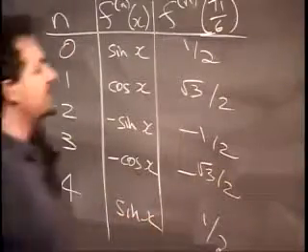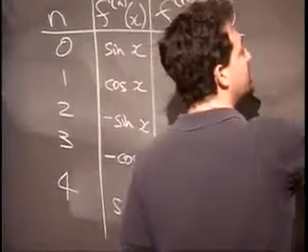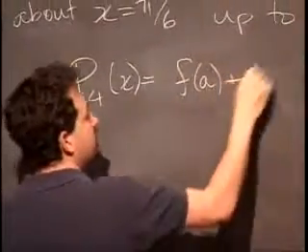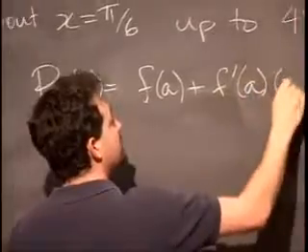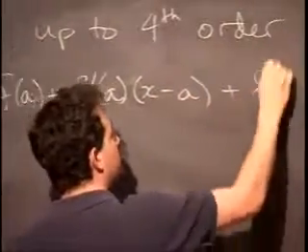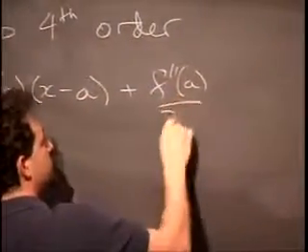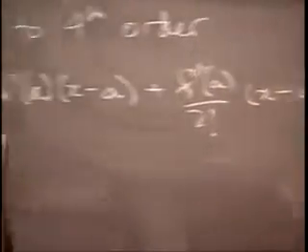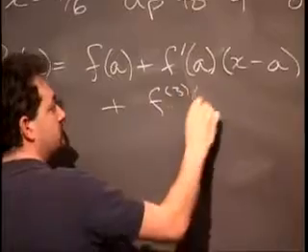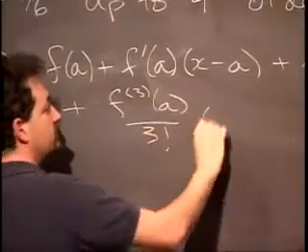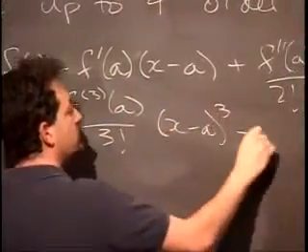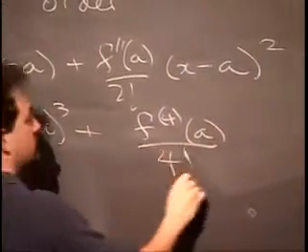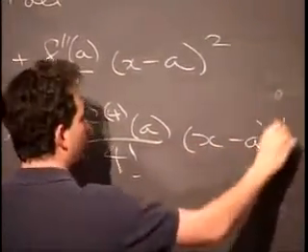So what we're actually asking for is P4 of x in this case. And in general, it looks like f of a plus f prime of a times (x minus a), plus f double prime over 2 factorial, (x minus a) squared, plus the third derivative over 3 factorial, (x minus a) cubed, plus finally the fourth derivative over 4 factorial, (x minus a) to the fourth.